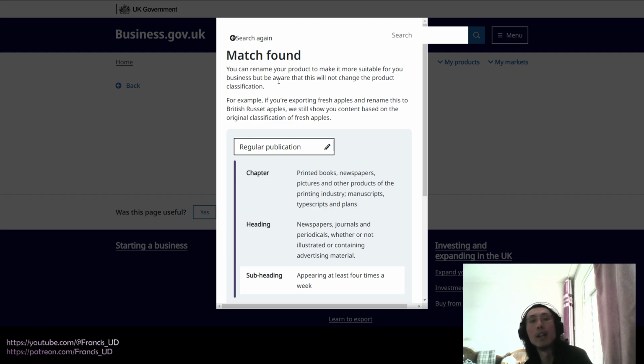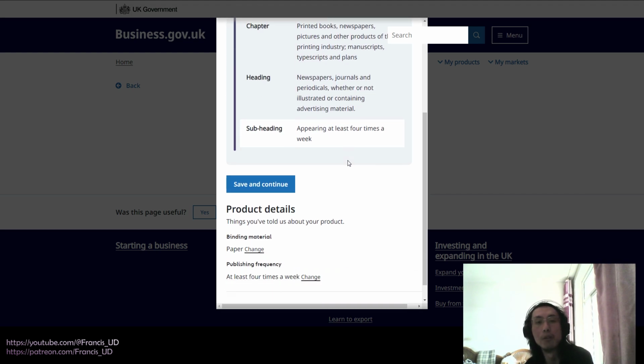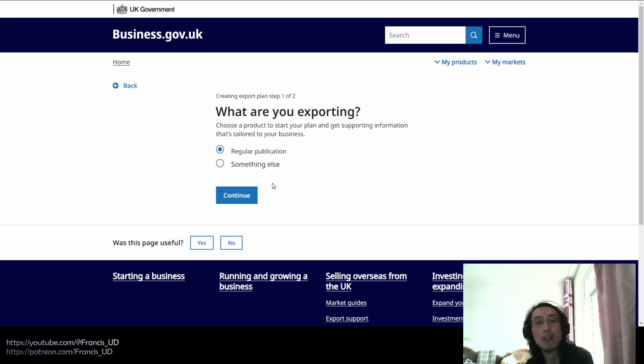But be aware that this will not change the product classification. For example, if you are exporting fresh apples and rename this to British russet apples, we still show you content based on the original classification of fresh apples. Let's see how they change.